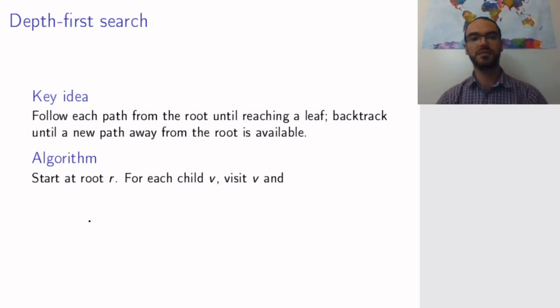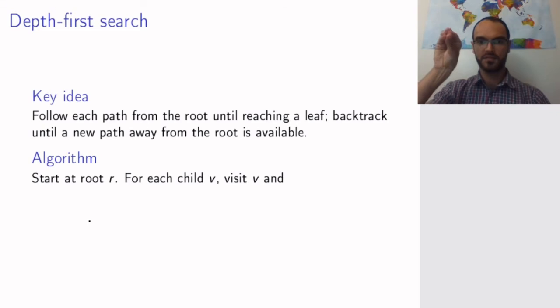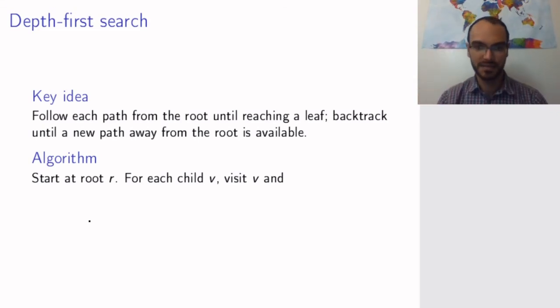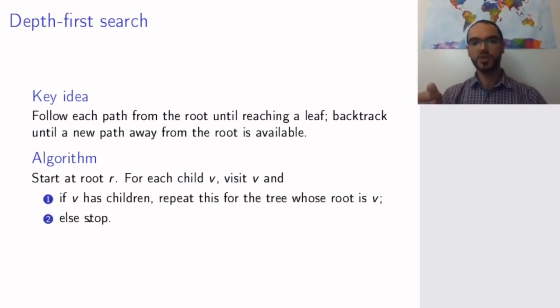Formulated in terms of an algorithm, you start at the root r, and for each child of the root, you visit the child, and then if v has children, you repeat this for the tree that has v as its root. I will explain in the example what this means and why this makes sense.